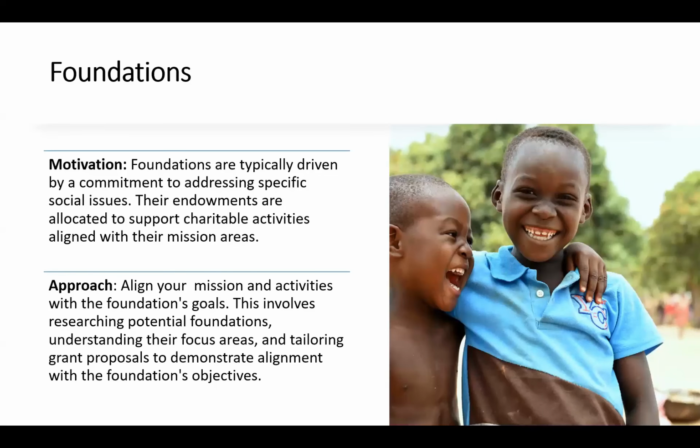So when you talk of foundations, we need to understand the motivations of these organizations, why they exist, why they support, and then tailor your approach accordingly. Many foundations are typically driven by a commitment to address specific social issues, whether they are national or international foundations.